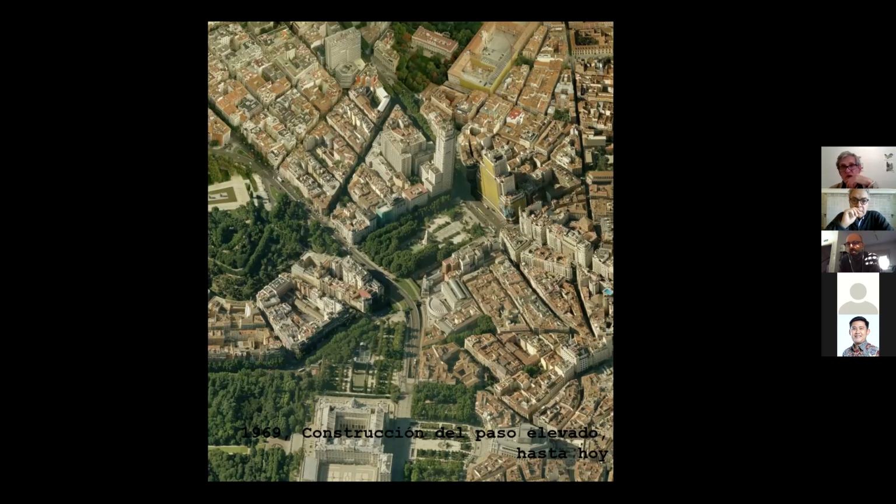So with the work, we were sure that during the works we would find remains of buildings from the 18th century, and we have found them. During the works they appear there.